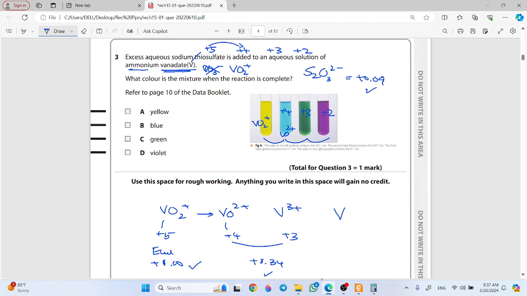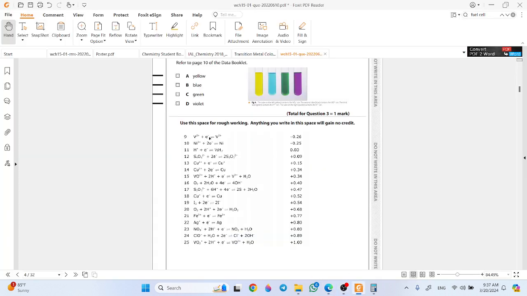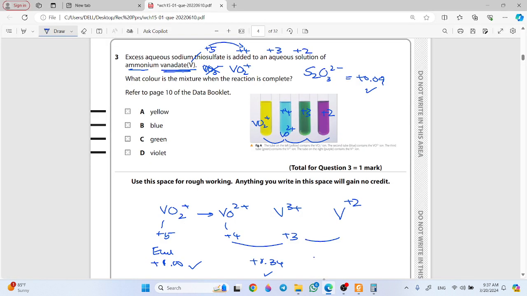That means it goes until V3 plus, means that's green color. Then you think about 3 plus to 2 plus. 3 plus to 2 plus means, look at the 9th one, that's minus 0.26. This E cell value is minus 0.26, but this one is plus 0.09.